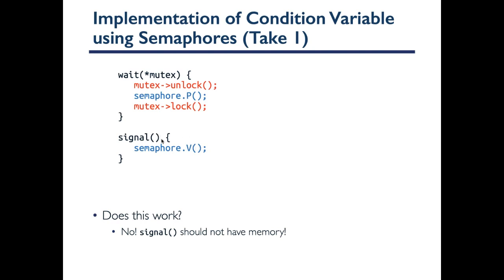So this implementation of signal has memory. If signal is called before this wait, then we memorize it, and the one that waits will use this V in its P, which is not what we want.